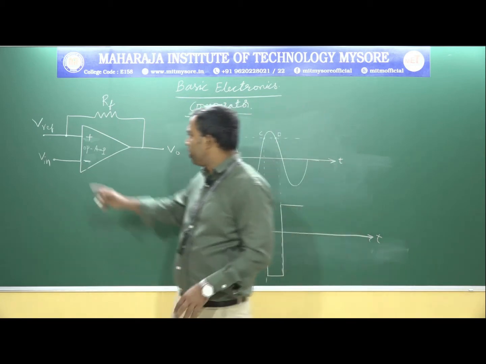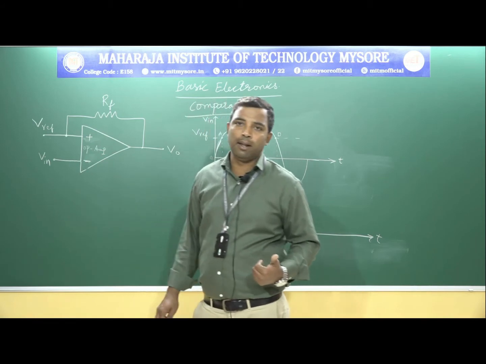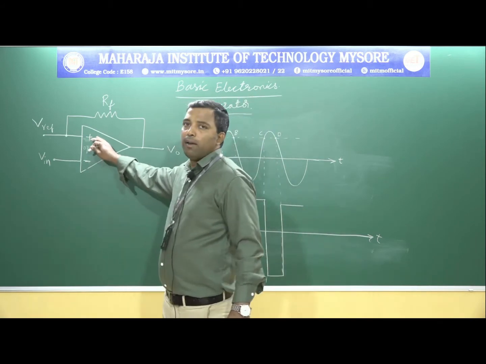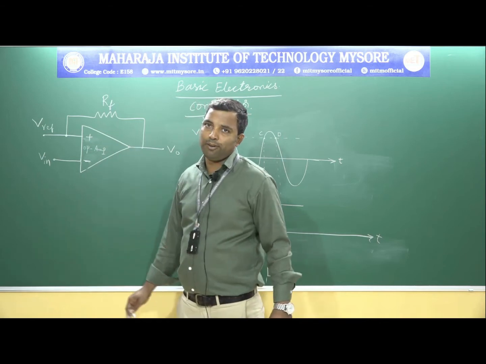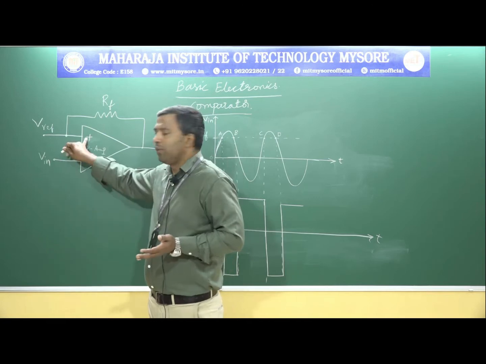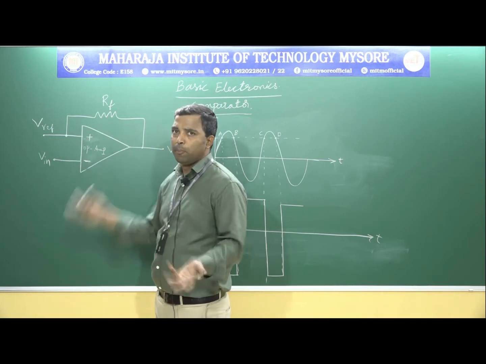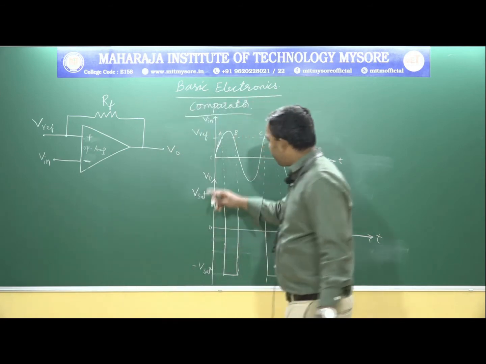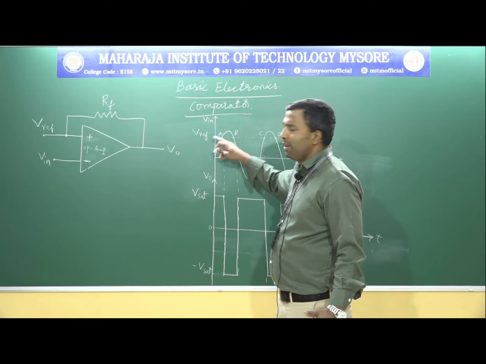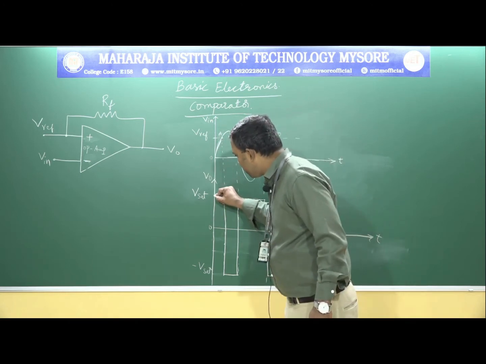That means the potential at the non-inverting terminal is larger than the inverting terminal. Therefore, the output is positive saturation, because the larger value minus the lesser value gives a positive result. So from 0 to A, the input voltage is lesser than the reference voltage and the output is at positive saturation.